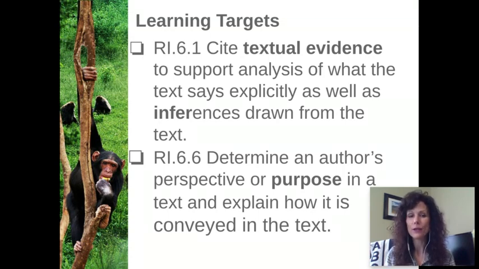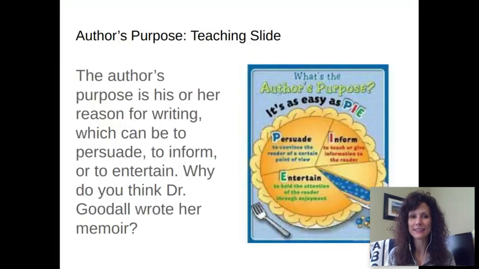And our big one, though, is to determine an author's perspective or purpose. Why did she write it? What was her purpose in writing this text? When I think of author's purpose, I often think of PIE, three main purposes for writing: to persuade, to inform, or to entertain. So which one is it for this?